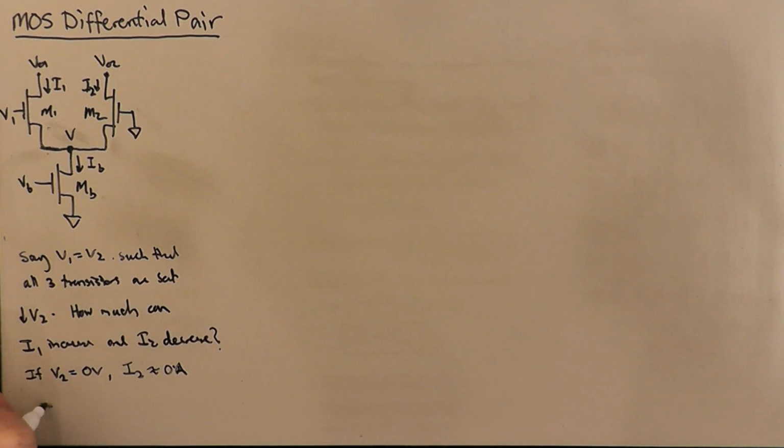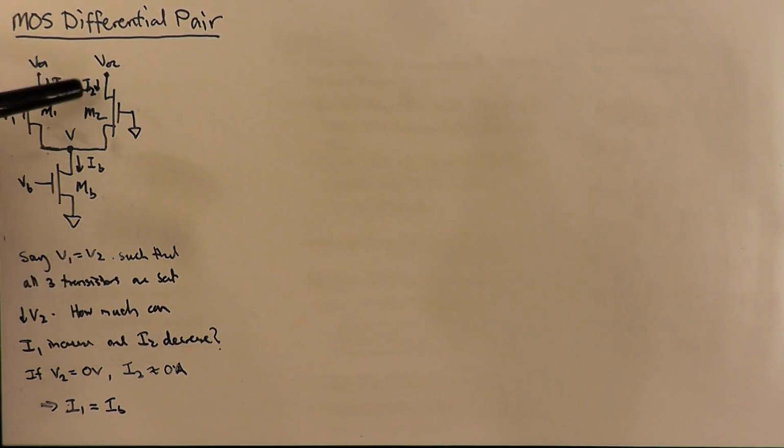And so I1 has to be IB. I1 can't be more than IB because these two transistors would then be in series. In fact, in this particular instance, M2 is not really contributing to KCL at this node.